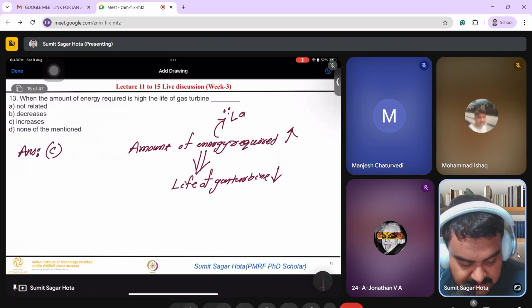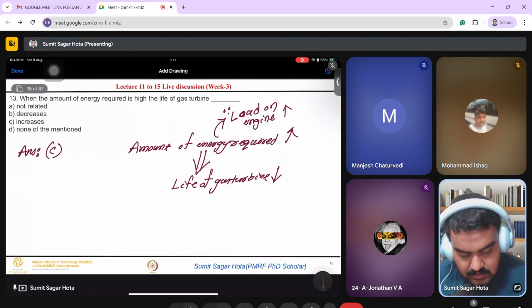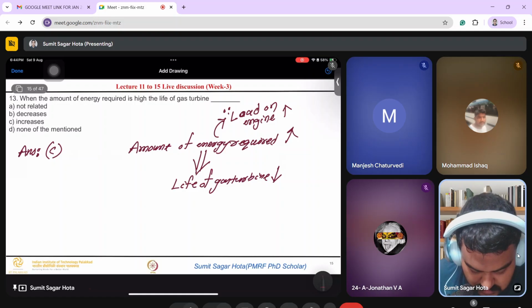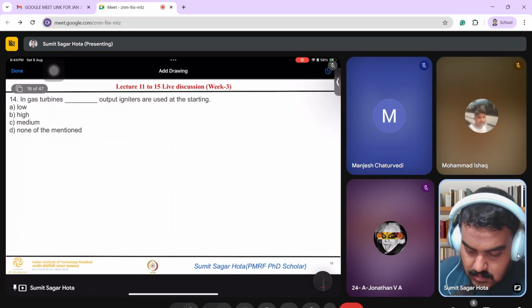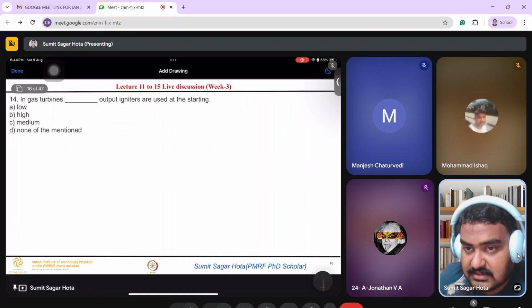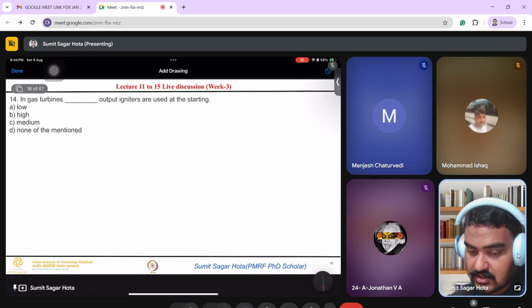Since load on the engine increases. In gas turbine, high output igniters are used at the starting.